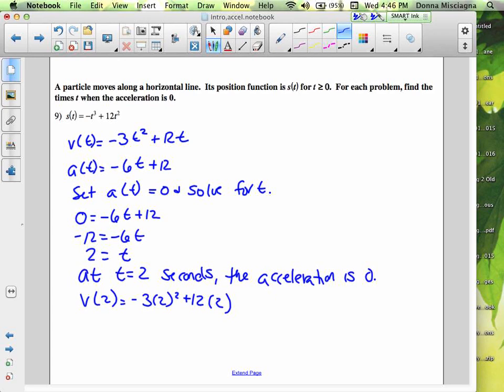I haven't done a synthetic substitution on these because they've been such nice, easy problems to plug in. So we'd have negative 12 plus 24, so it'd be 24 meters per second. So the particle is moving in the positive direction at that time, but it's moving at a constant rate of change, therefore acceleration is 0.